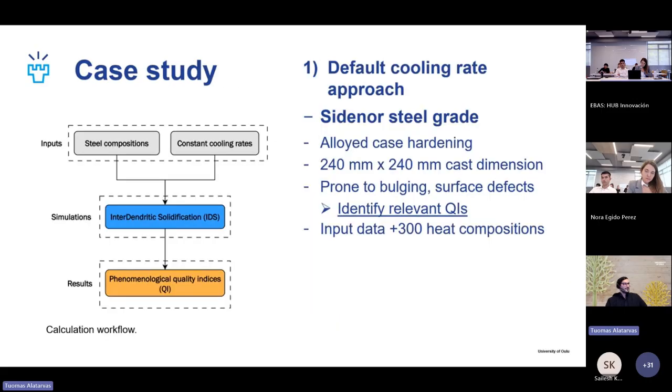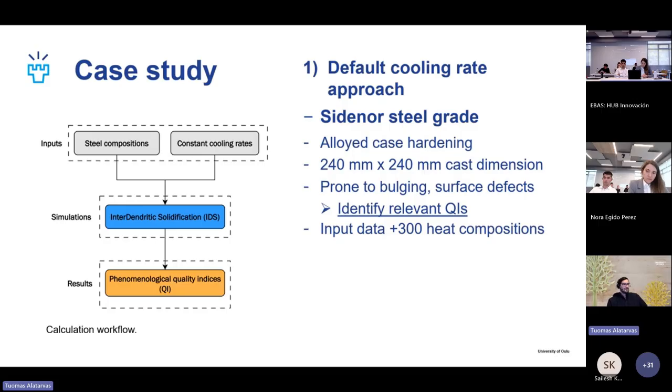And finally, I can present a case study with the Sidenor steel grade. In the first step, we used this default cooling rate approach for an alloyed case hardening steel with 240 times 240 millimeters cast dimension, which was reported as prone to bulging and surface defects.